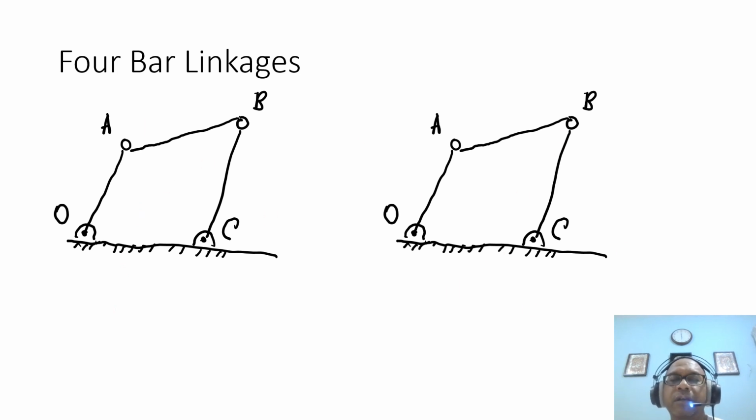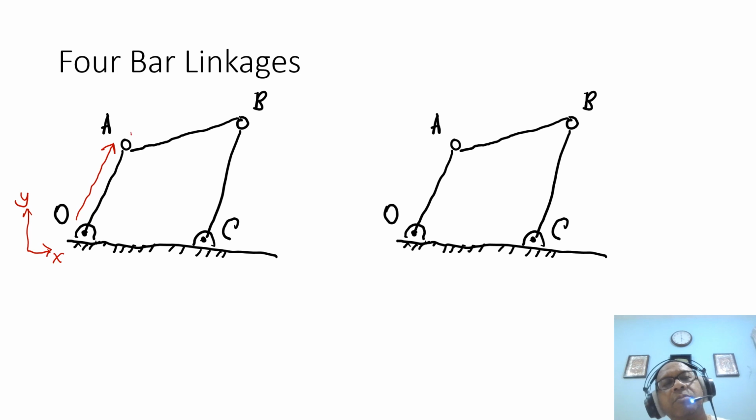The way we used to explain the 4-bar linkages and find the equation was to use relative motion analysis. First we draw the XY system, and then we draw the position vector.